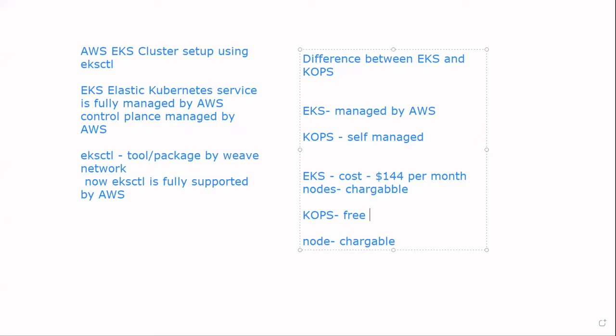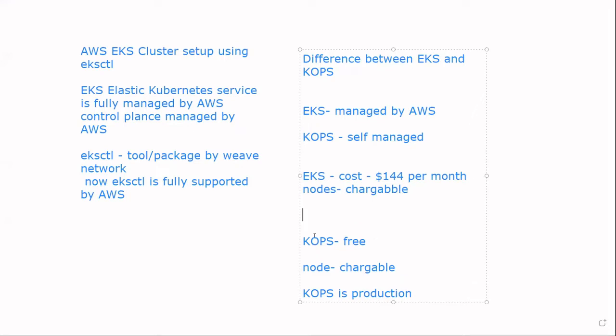In some projects we can achieve the same steps. KOPS is production ready, so we can use it in production. EKS is also production ready, so we can use EKS for production too.